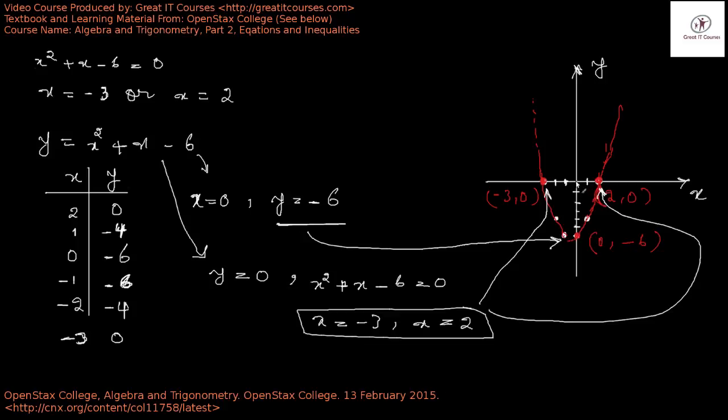When y is equal to 0, you're essentially finding every point on the x-axis. So those are your x-intercepts. On the other hand, when you equate x is equal to 0, like what we did here, then you're finding the y-intercept of the function. And the x-intercepts of any function are called the roots of that function.